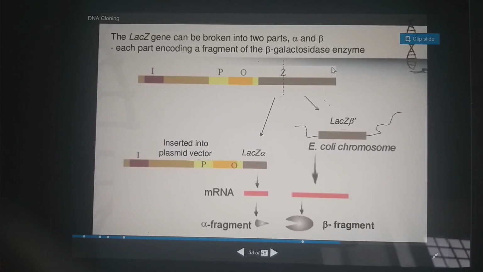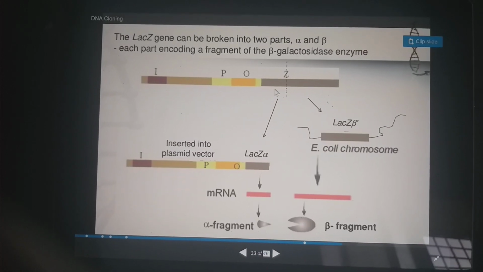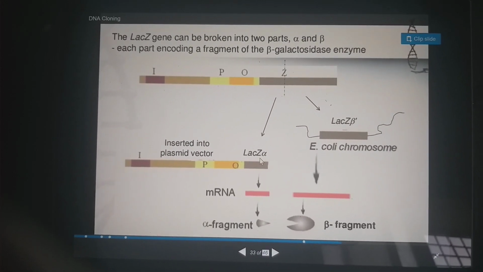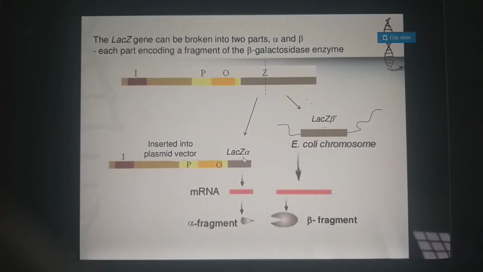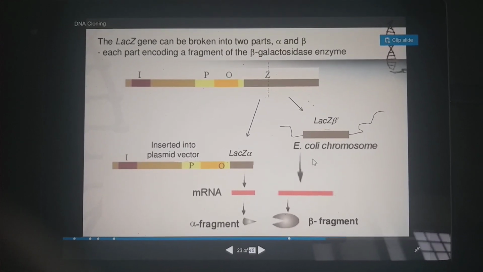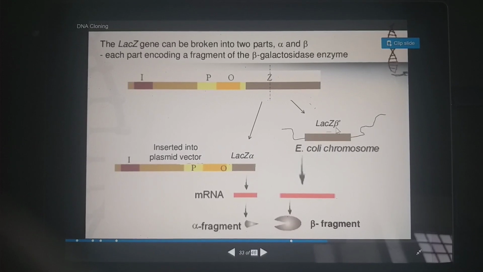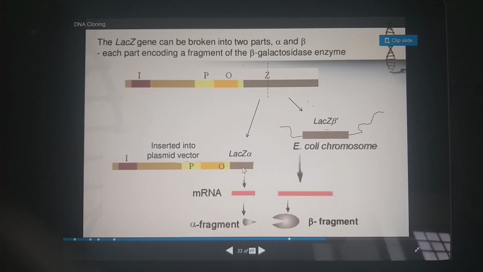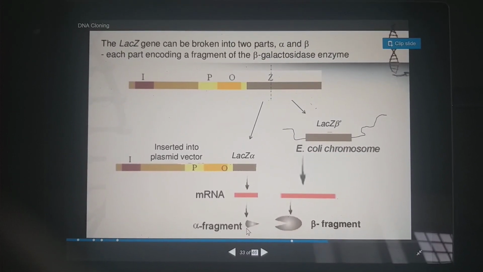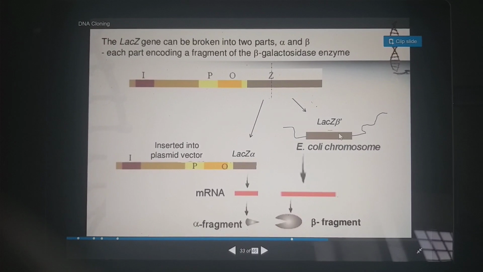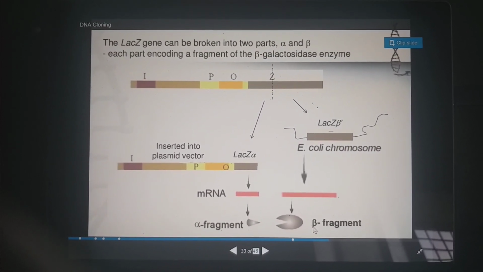This lacZ gene is divided into two parts. The initial part is known as the lacZ alpha, whereas the latter part is known as the lacZ beta prime. The lacZ alpha part gives rise to mRNA which produces the alpha fragment, whereas lacZ beta prime undergoes transcription, produces mRNA and gives rise to the beta fragment.